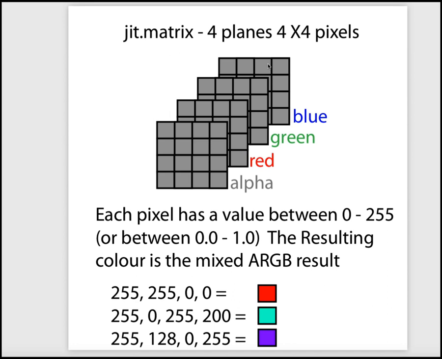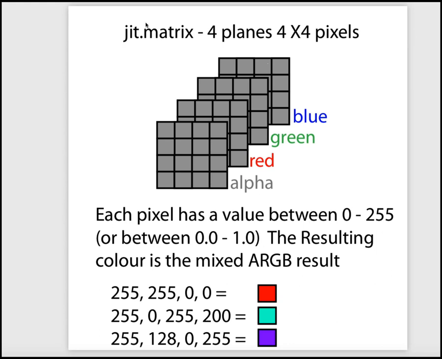It turns out that video images and even any kind of graphic image needs 4 planes of data. So the way these matrices work is that the 4 planes of data store information on the alpha channel, the red channel, the green channel, and the blue channel of a video.